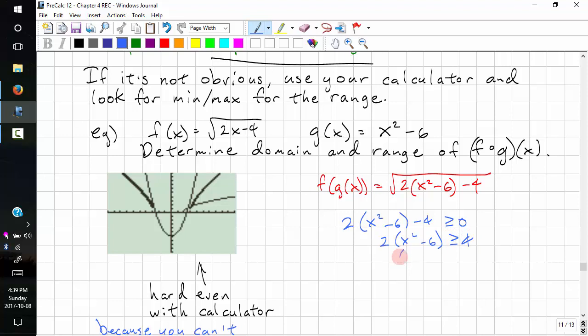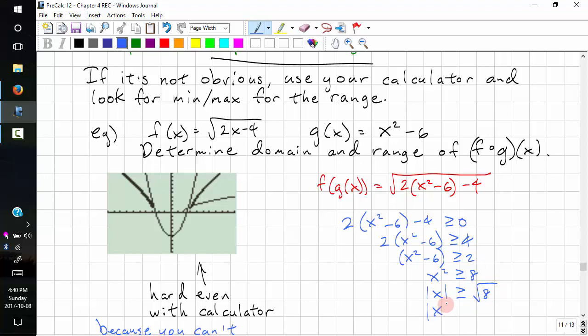Divide both sides by 2. X squared minus 6 greater than or equal to 2. Move the 6 over to the other side. X squared is greater than or equal to 8. So the absolute value of x is greater than or equal to the square root of 8.